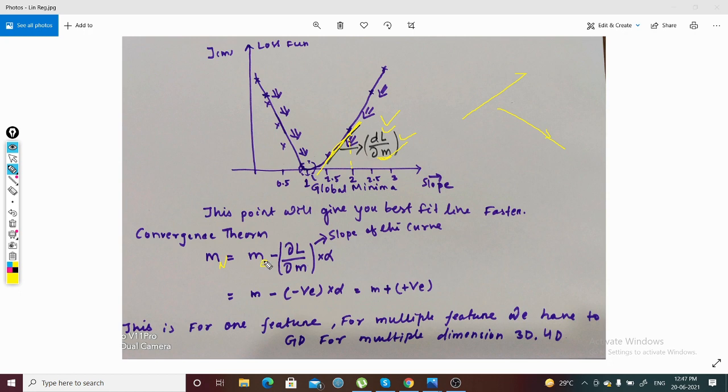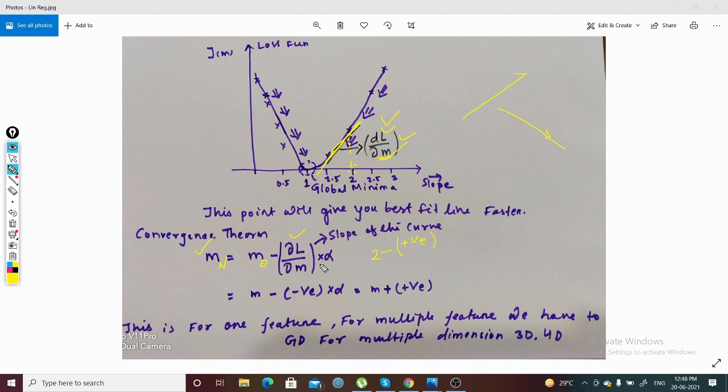This is the old slope value. We need to calculate the new slope value. The old slope value, or coefficient value, in this example is 2. So 2 minus this particular value, which, as it is increasing, will be a positive value.